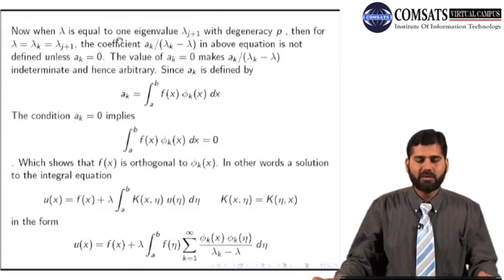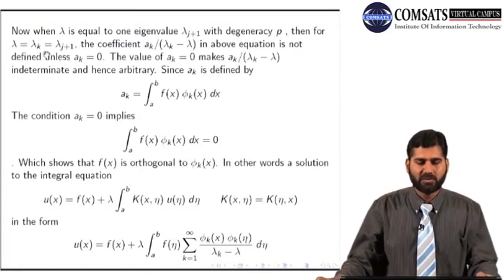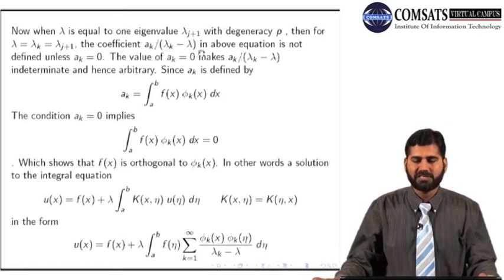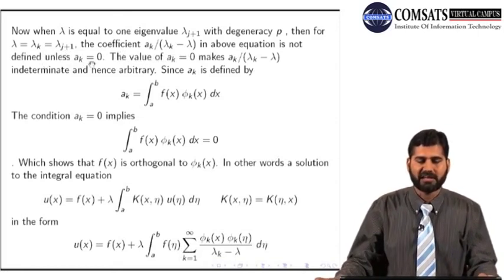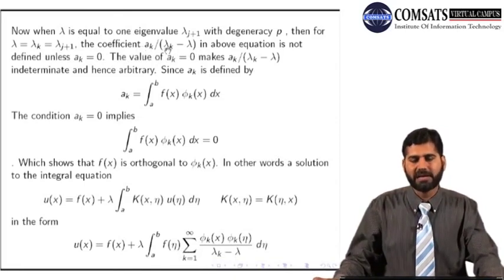Now when lambda is equal to one eigenvalue, lambda j plus 1, with degeneracy p, then for lambda equal to lambda k, which is lambda j plus 1, the coefficient in the above equation is not defined unless a_k is equal to 0. Here you see the coefficient is a_k divided by lambda k minus lambda. So if lambda is equal to lambda k, this will not be defined unless a_k is also 0.